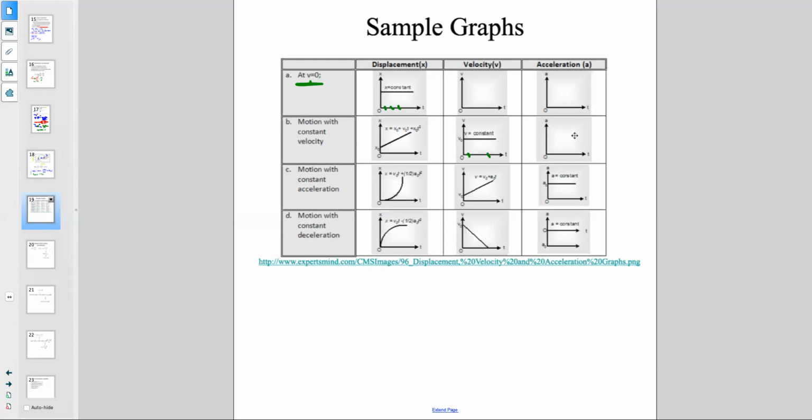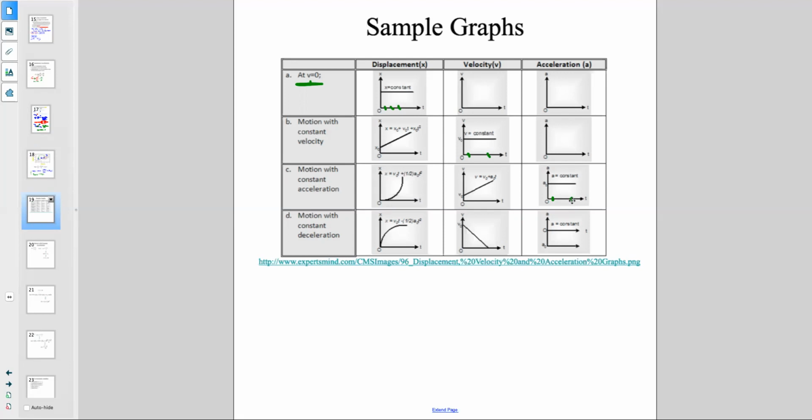There's no acceleration. Motion with constant acceleration will have a curve-looking shape when it comes to the xt graph. It will be a linear relation or a straight line for the vt graph, and the constant acceleration means that the acceleration at this point is the same as at this point in time.